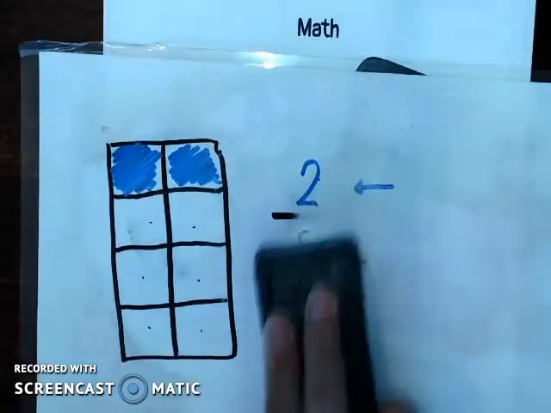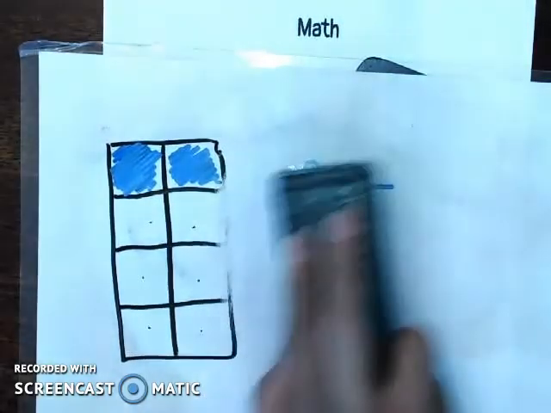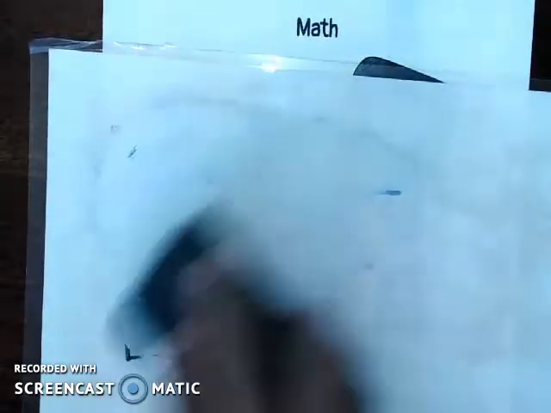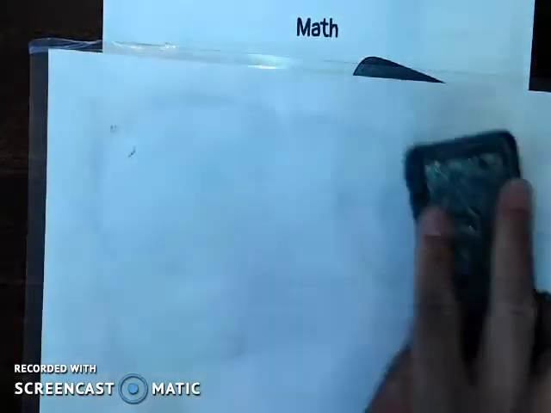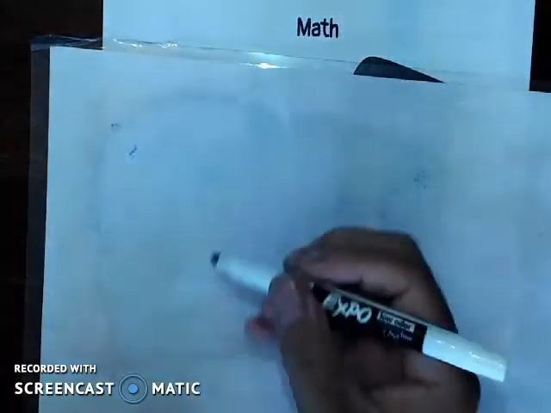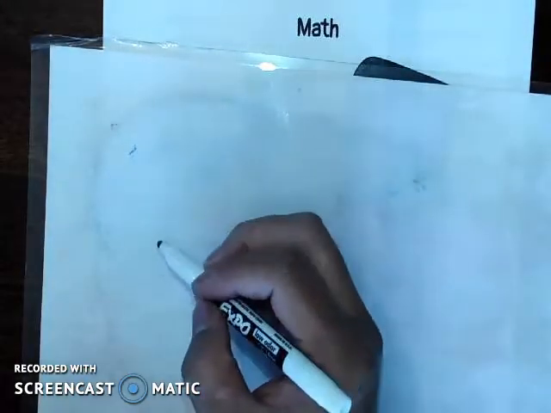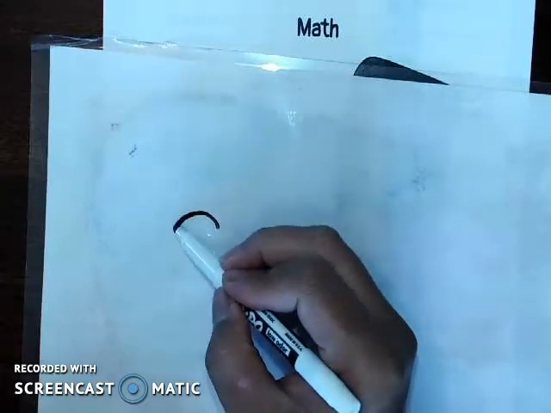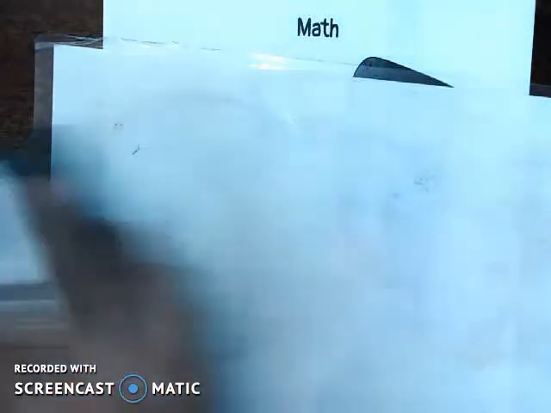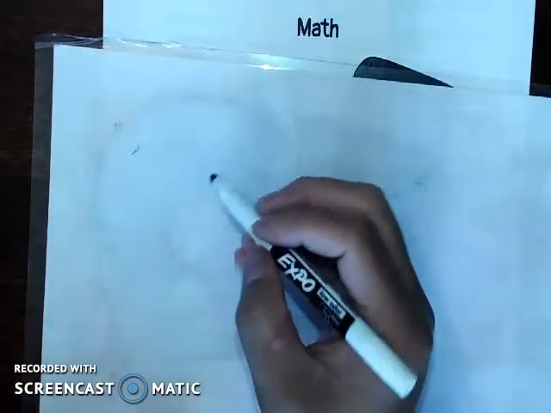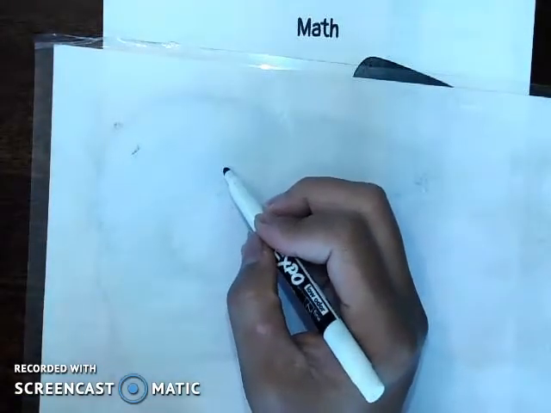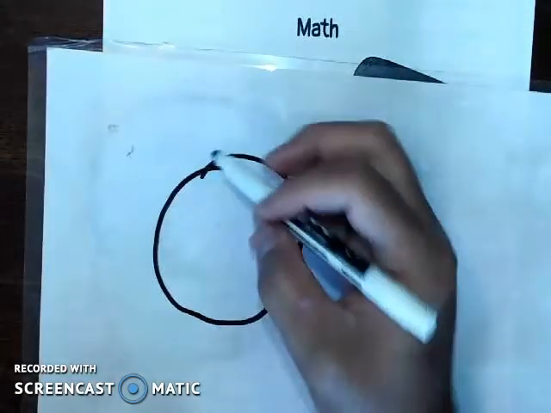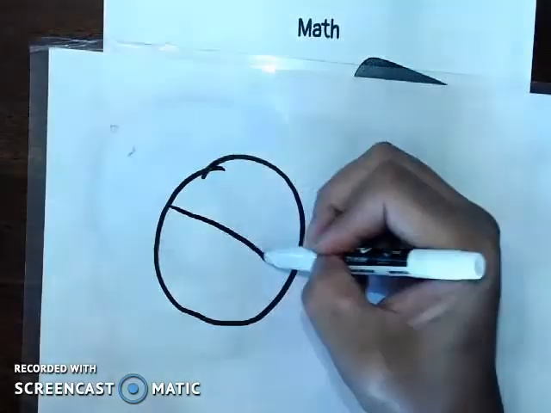Let's try one more, and then I will give you a practice one. I erased the whole thing. All right, here we go. Ready? I'm going to do a circle, and I'm going to split it up into 6 equal parts.